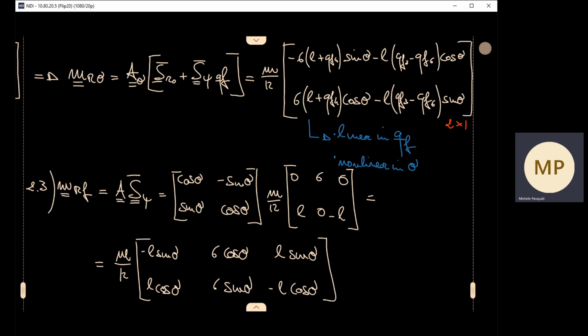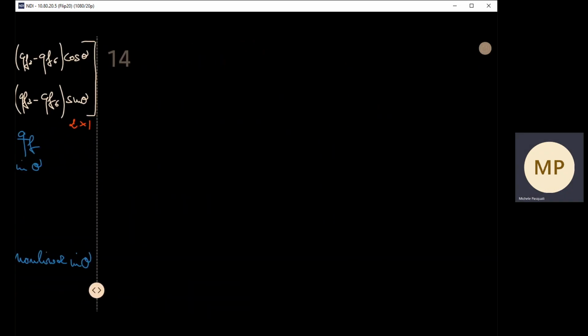And again, as expected, it is a 2 times 3 matrix, which is nonlinear in theta. So you see, we are building step by step all the mass matrix. Let's move on.